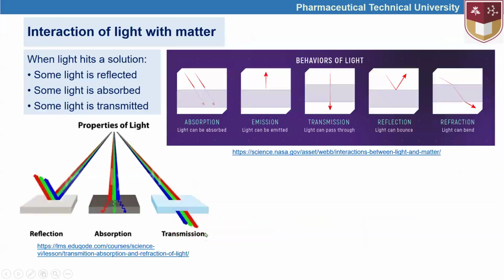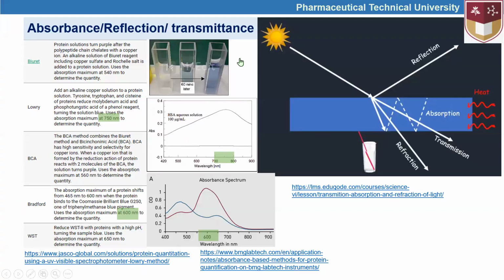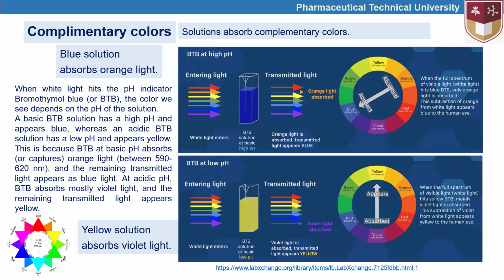But here we see that the blue color absorbs from 600 to 750 nanometer wide spectrum, which means that the color and absorbed light differ from each other.